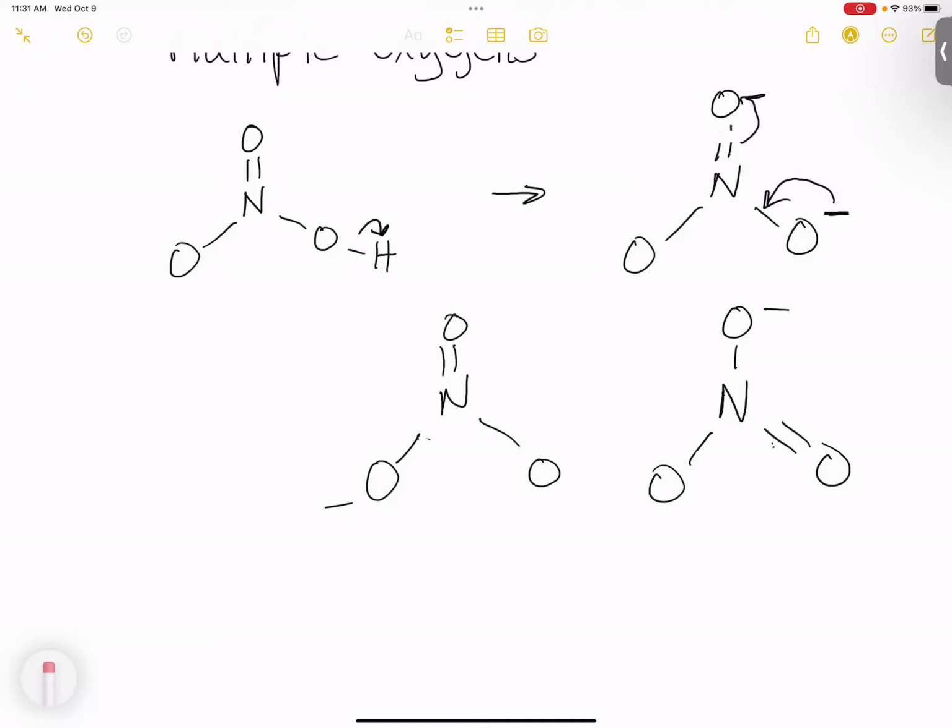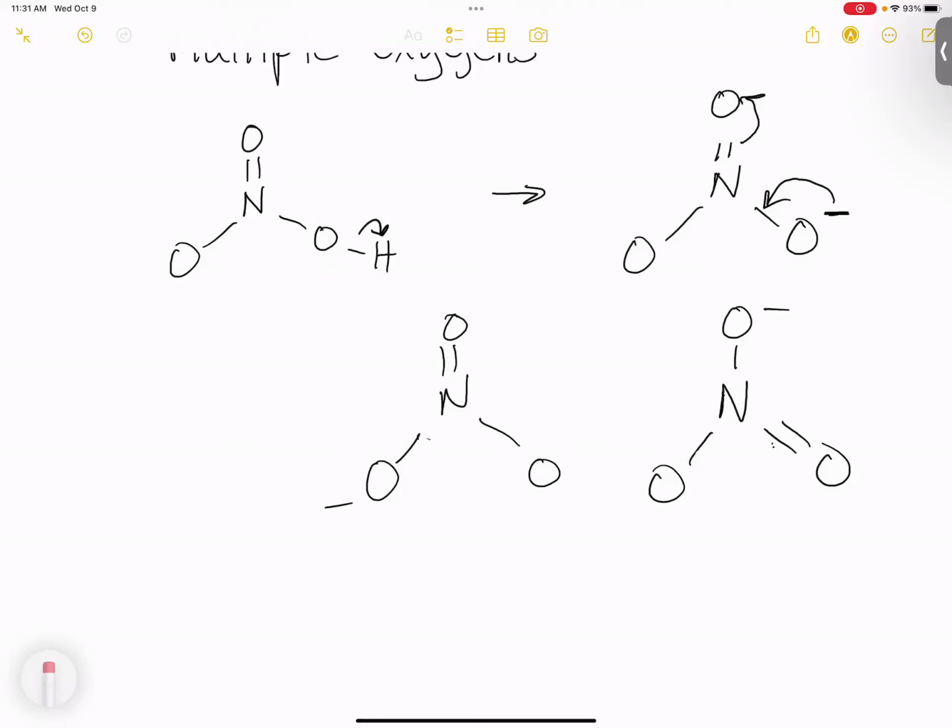Anyhow, basically what I'm trying to illustrate, and I'm not doing a great job of it, is there are 3 oxygens that negative charge can be distributed over. Because there are 3 oxygens that negative charge can be distributed over, it's a strong acid.